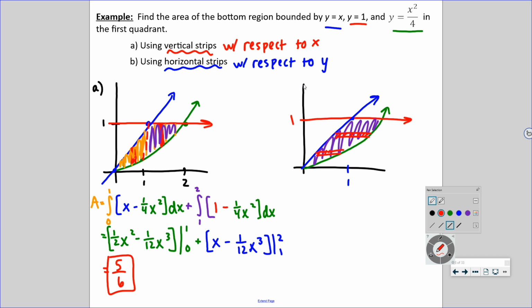Looking at this entire region, or rotating your paper to visualize this as top minus bottom, or just looking at this right minus left, my right and my left never switch. So I can find this area by setting up just one integral. The only thing that will be a little annoying for this strategy is that my equations are in terms of x, and we're going to have to put them in terms of y.